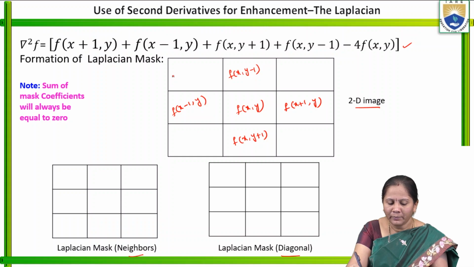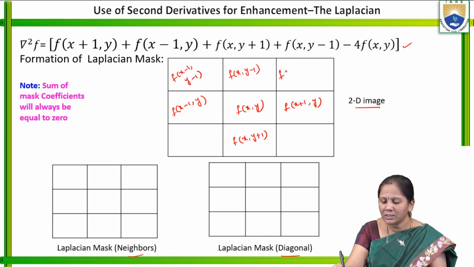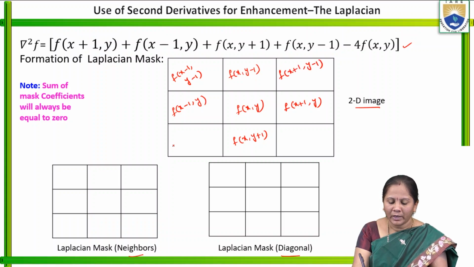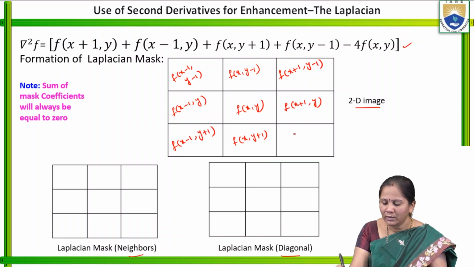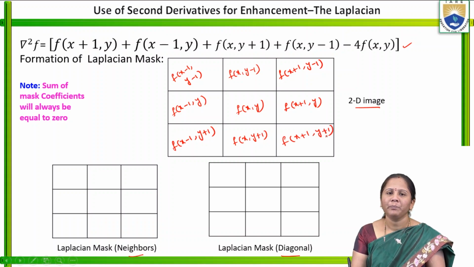Coming to the diagonal, f(x-1,y-1), and this is f(x+1,y-1), and here f(x-1,y+1) and f(x+1,y+1).